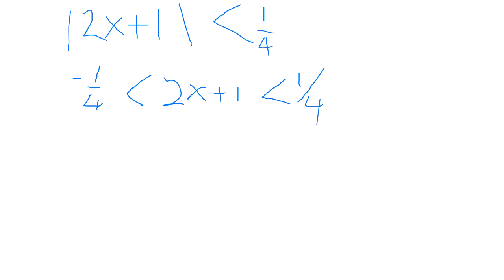So now we have two inequalities. 2x plus 1 greater than minus 1 over 4 and 2x plus 1 less than 1 over 4.